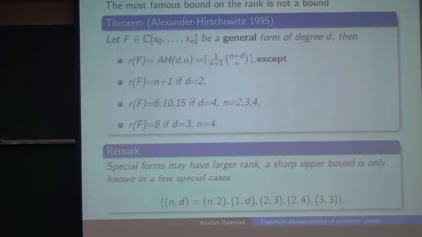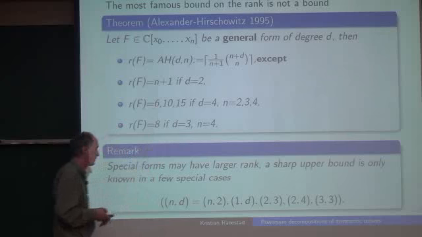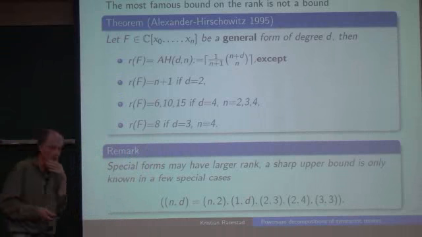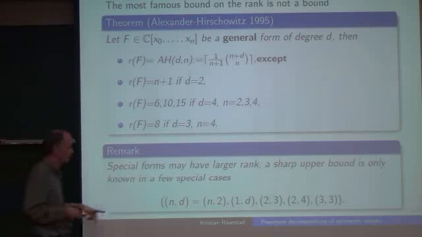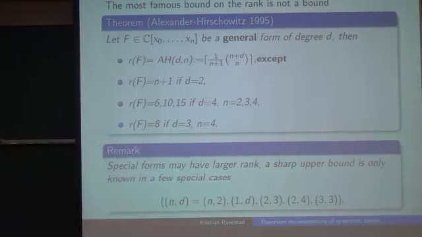But to prove that there were no others, this was the result of this theorem in 1995. So this is the rank for the general form. Special forms might have higher rank, as we saw in the previous slide, and that has been analyzed only in a very few cases. What is the absolute upper bound?